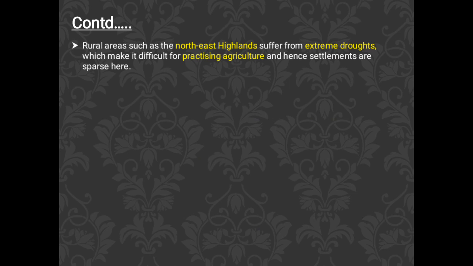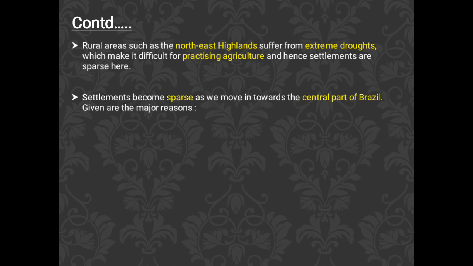Rural areas such as the Northeast Highlands suffer from extreme droughts, which make it difficult for practicing agriculture, and hence settlements are sparse here. Settlements become sparse as we move in towards the central part of Brazil. Given are the major reasons.